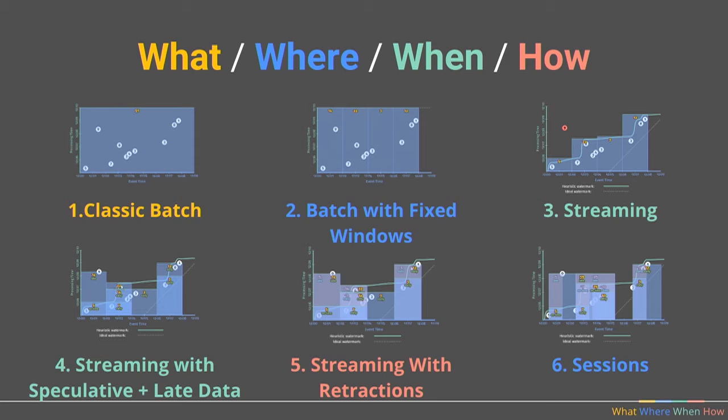The data transformations you apply have not changed through any of these application changes, right? Your core computation was the same for all of these examples. And the results we produced are consistent because they're based on event time, and event time is the source of truth, not processing time, which depends on the ordering. Okay? So this is about the Beam model.